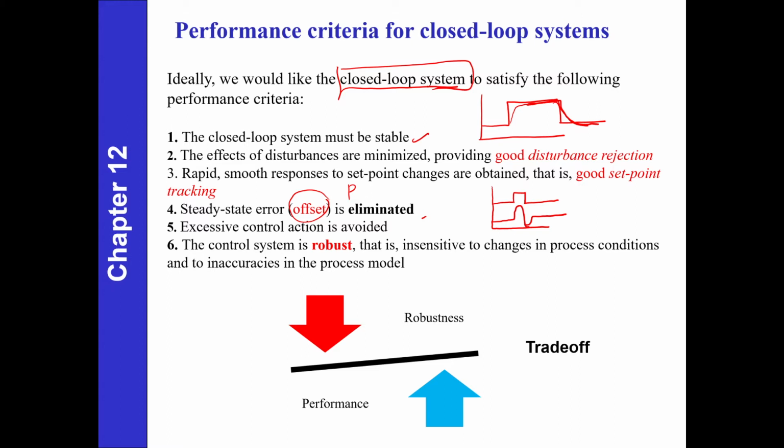Okay, the last one, the control system is robust. The controller should be robust. What does it mean by robust? Robust means it can operate at a wide range of operating conditions. Okay? It is insensitive to the changing of process condition or to inaccuracy of the model.